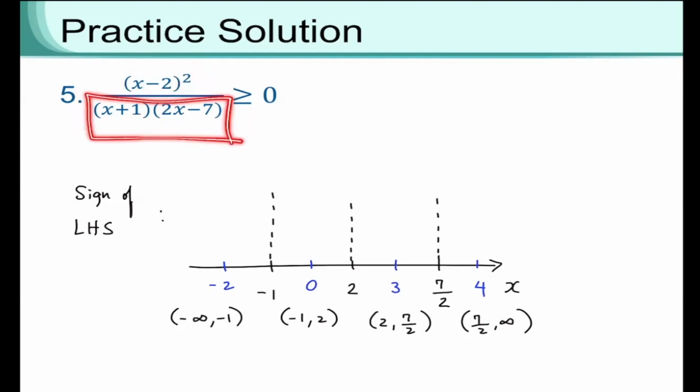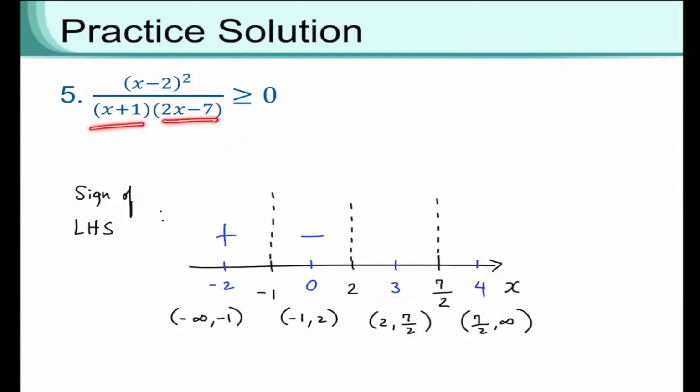In this case, when x is equal to -2, so that is negative times negative, you'll get positive. When x is equal to 0, you'll get positive times negative. That will give us negative. When x is equal to 3, so this is positive times 2 times 3 is 6 minus 7, so negative.